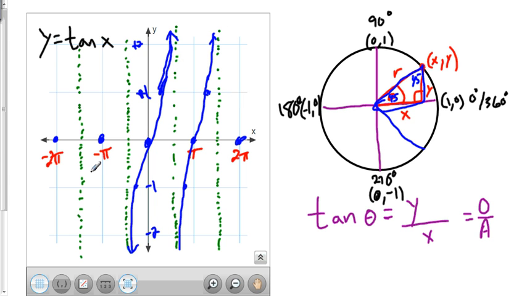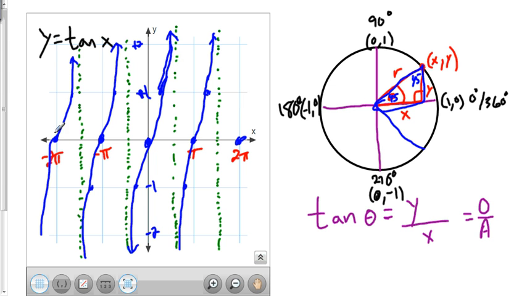And we'll do it 2 more times here. Make this one fit. Not a great graph there, but we get the idea.